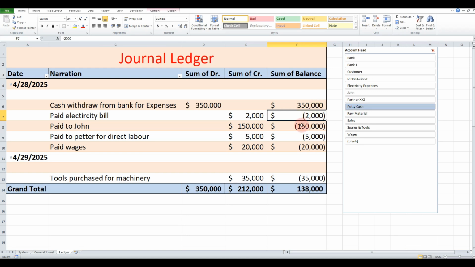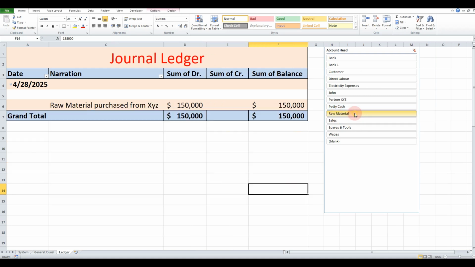Petty cash is a current asset account I have available, in-hand cash 1 lakh 30. Raw material is a current asset account I have available, 1 lakh 50,000, which I purchased from XYZ.